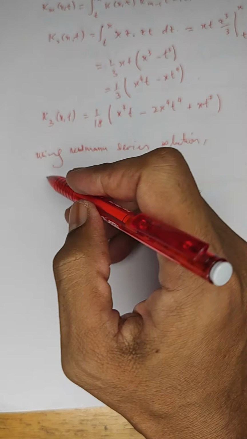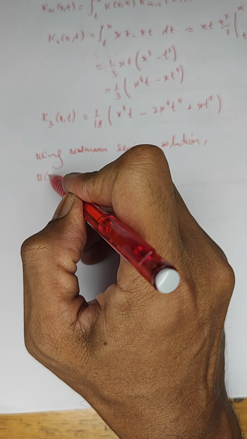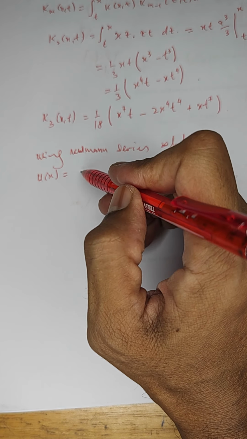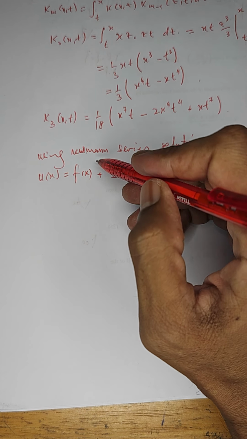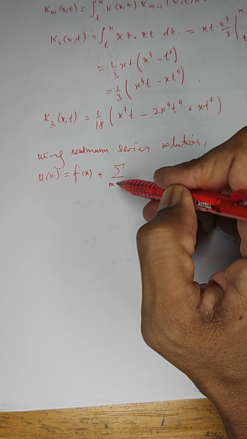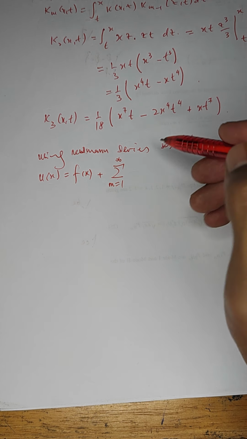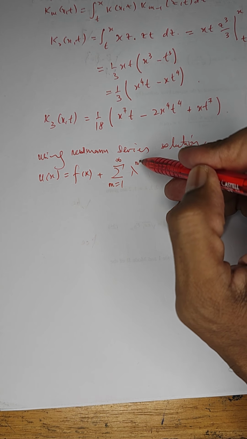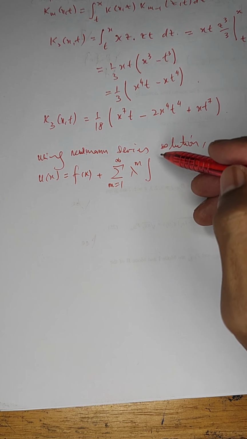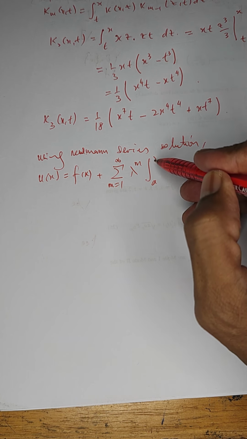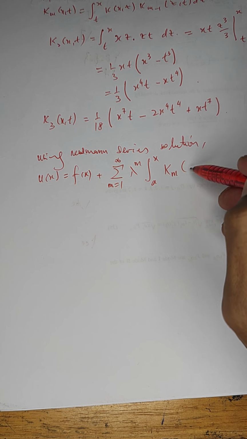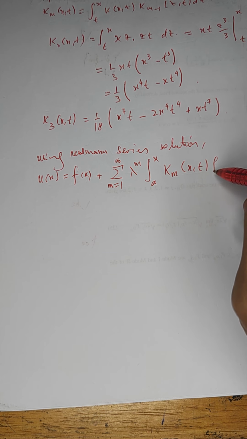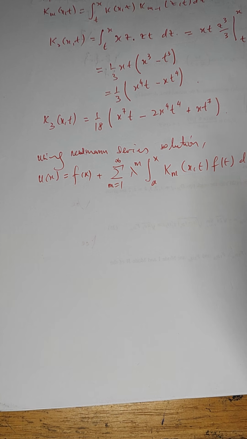Using the Neumann series solution, we have u(x) equal to f(x) plus the summation from m equals 1 to infinity of lambda to the m times the integral from a to x, where a is the lower bound of the integration, of Km(x,t) f(t) dt.